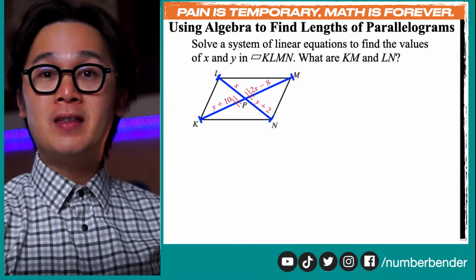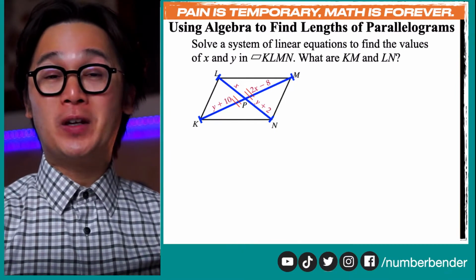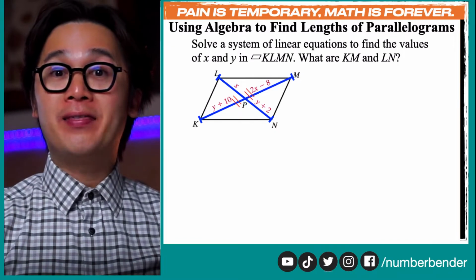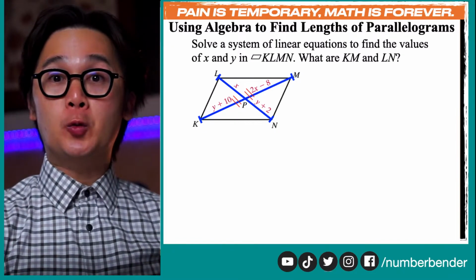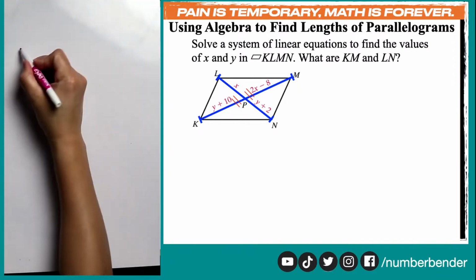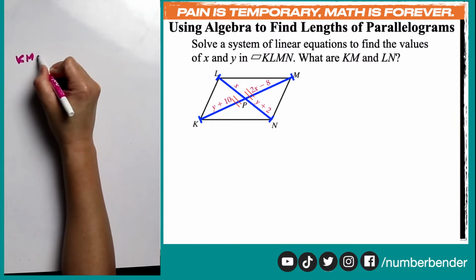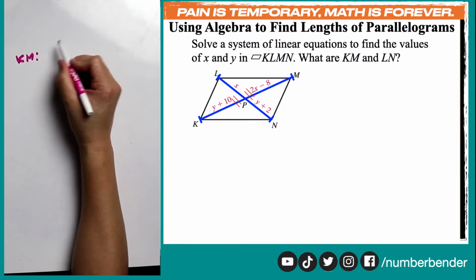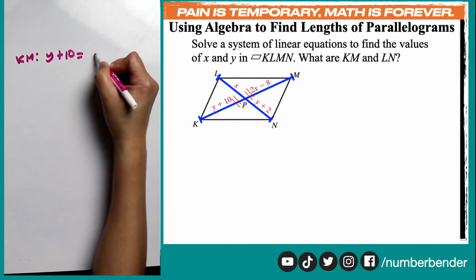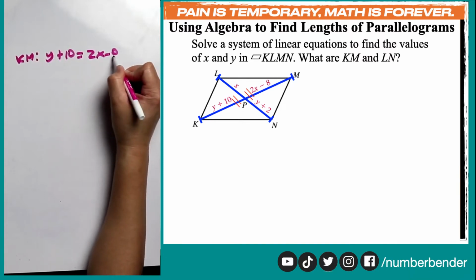So let's start with the known fact that since the diagonals are bisectors, that means that KP is equal to PM. So we can come up with our equation: line segment y plus 10 is congruent to line segment 2x minus 8.